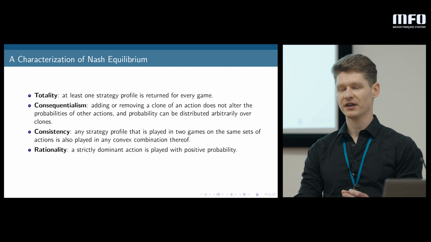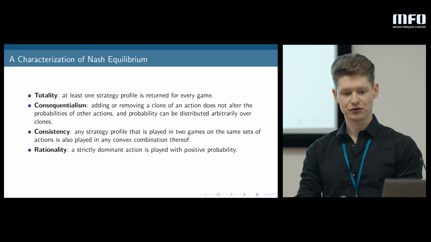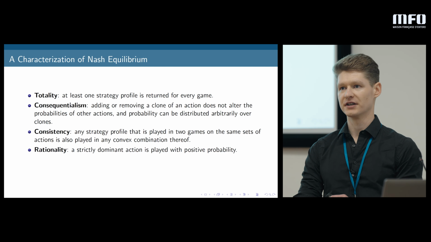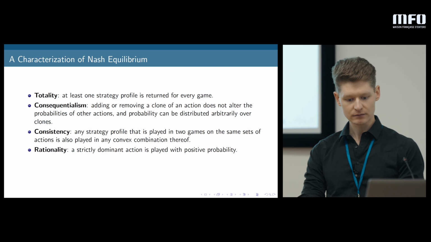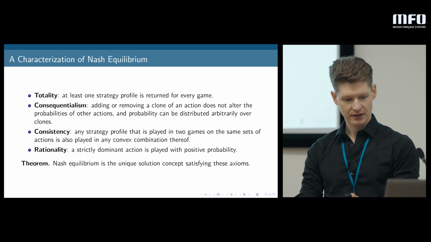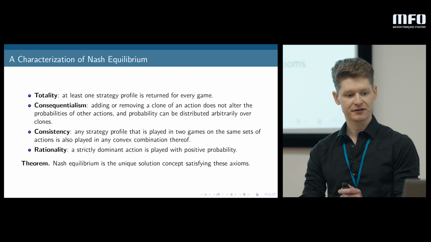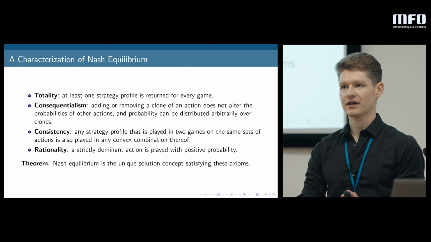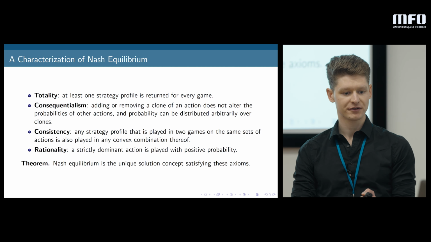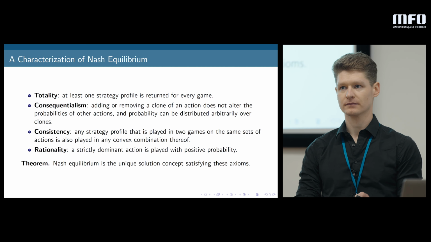This is weaker than saying that an action that's strictly dominated receives probability 0. All right. And then the result is that the unique solution concept satisfying these four axioms is Nash equilibrium.